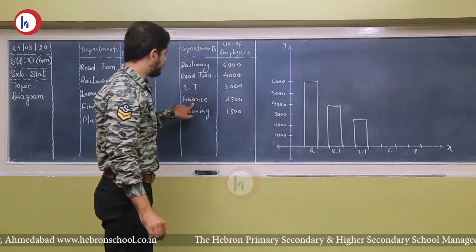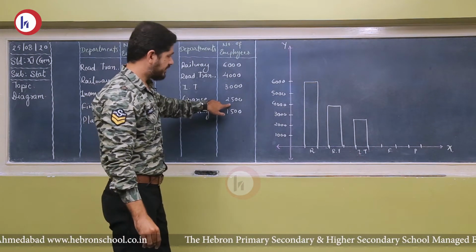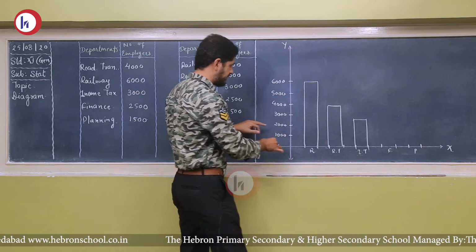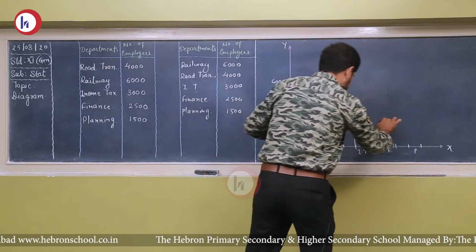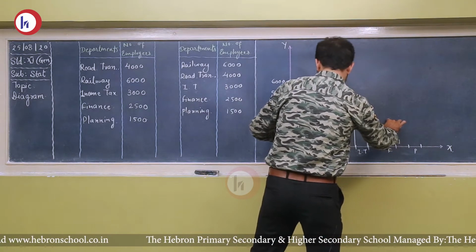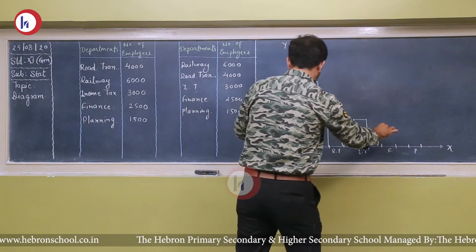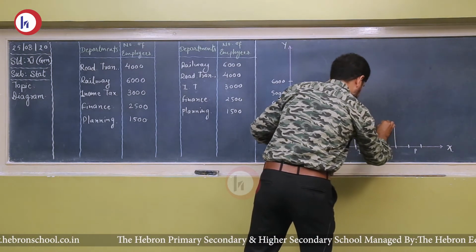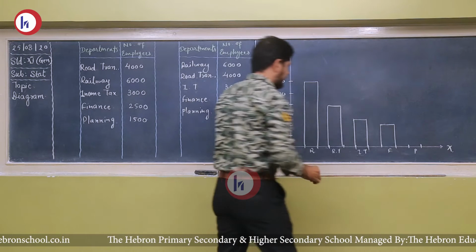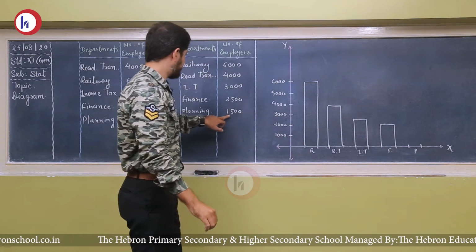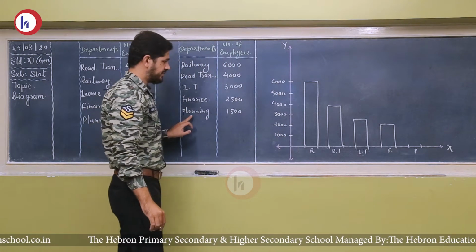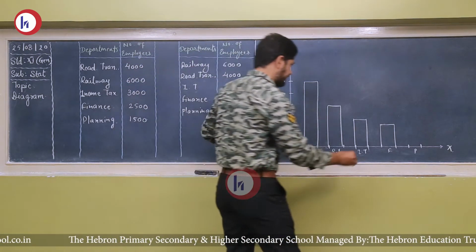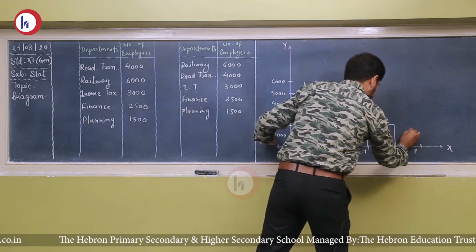Next one, finance, there are 2,500 employees, so 2,500 lies between 2,000 and 3,000. And finally 1,500 in planning, so 1,500 lies between 1,000 and 2,000.